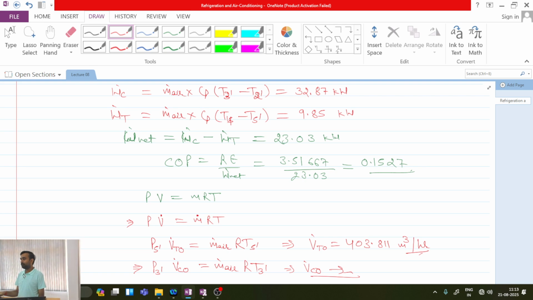So you have come to know how to solve the numerical problems. If you know the processes and their thermodynamic behavior, you can easily solve step by step the numerical problems of all the air refrigeration cycles. Maybe I'll give you a small assignment based on this unit, aircraft air conditioning, and the previous unit, which was the introductory unit.